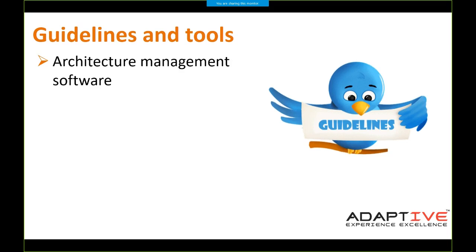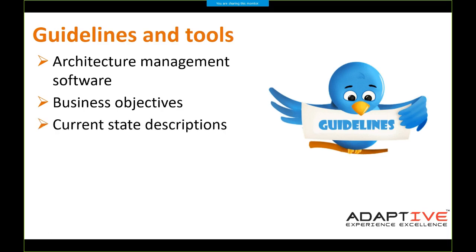And what helps us along the way? Well, if we're lucky, we might have a tool for architecture management, which could also be a requirements management tool. Business objectives will help ensure that we are keeping in mind what we're trying to accomplish with our requirements.